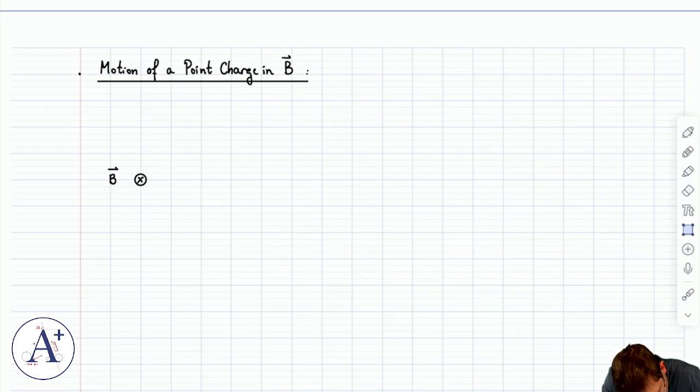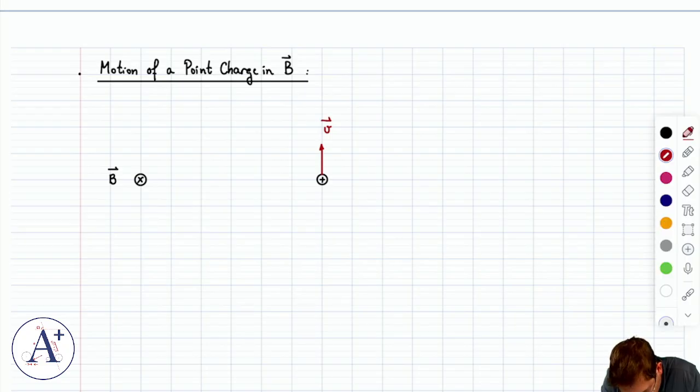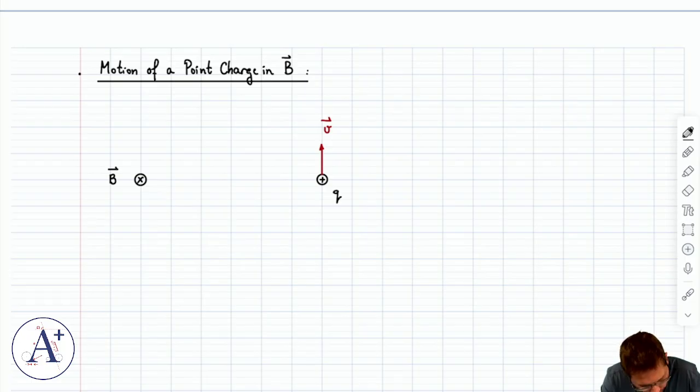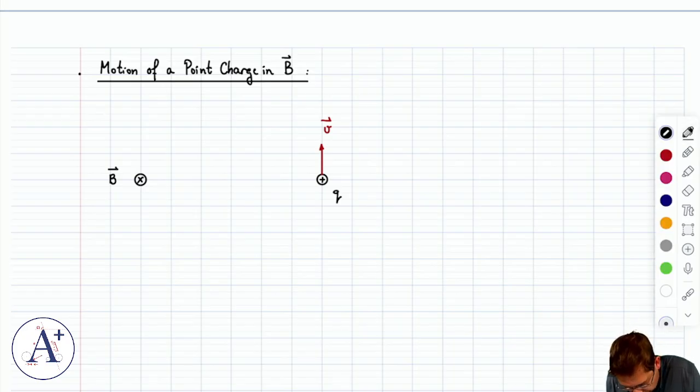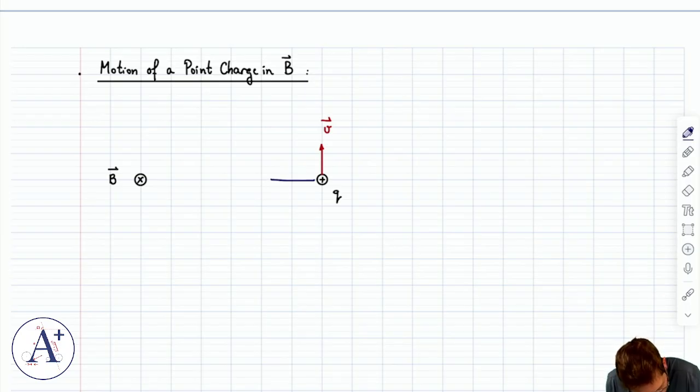Well, if we send a point charge q into this magnetic field with the velocity v in this direction, well, we can find the direction of the magnetic force. It's qv cross B. Forefinger pointing up the page, middle finger into the page. Hopefully we all agree that my thumb points to the left, and then this is going to be FB.